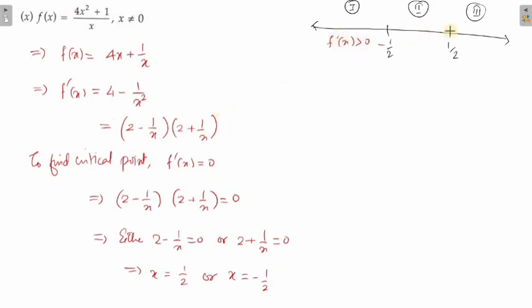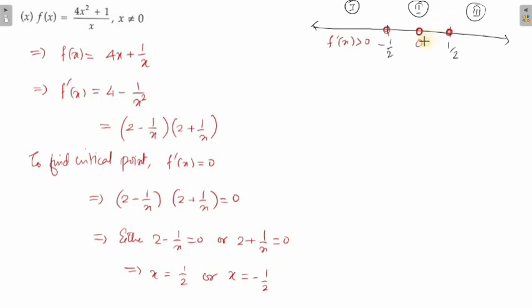Now in between these two you can take any value, for example 0. But you cannot take 0, since x is not equal to 0, so 0 is excluded, remember. Apart from 0, for example, take 1 by 4.